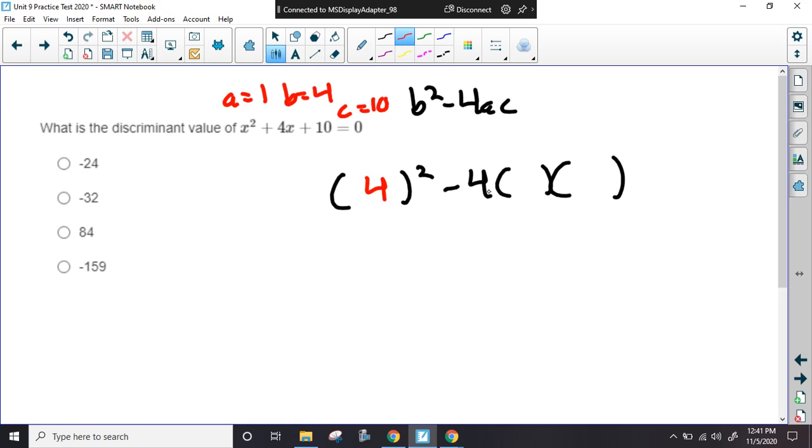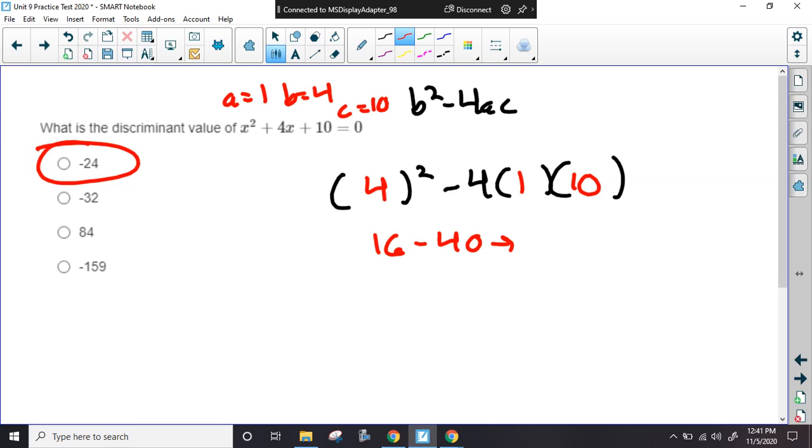So all I do is plug this in. All right. And this is 16 minus 40, which gives us negative 24. Okay. Now, all the other choices are if you plugged in stuff wrong. So I'm just asking for the value of that.